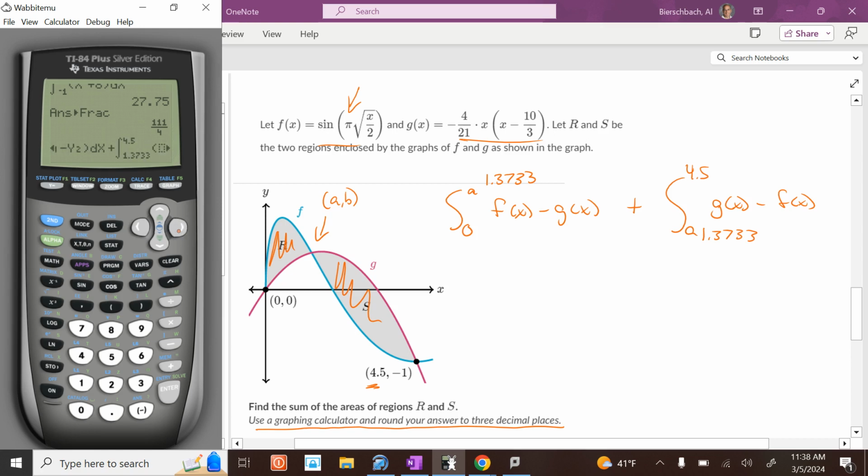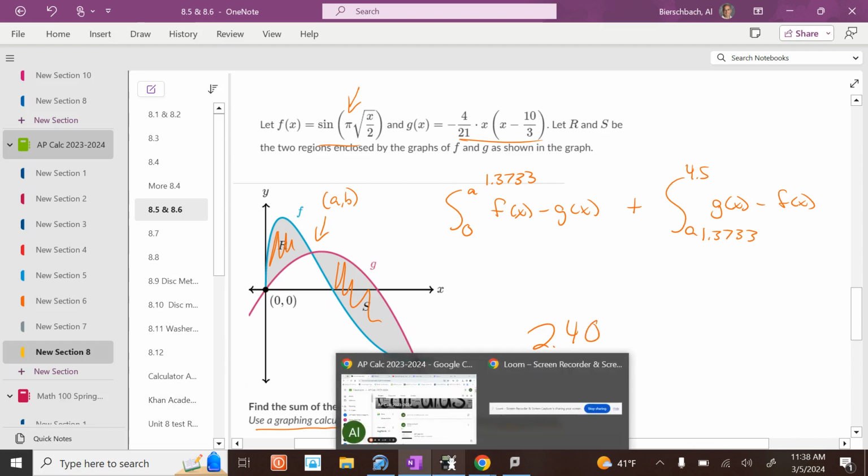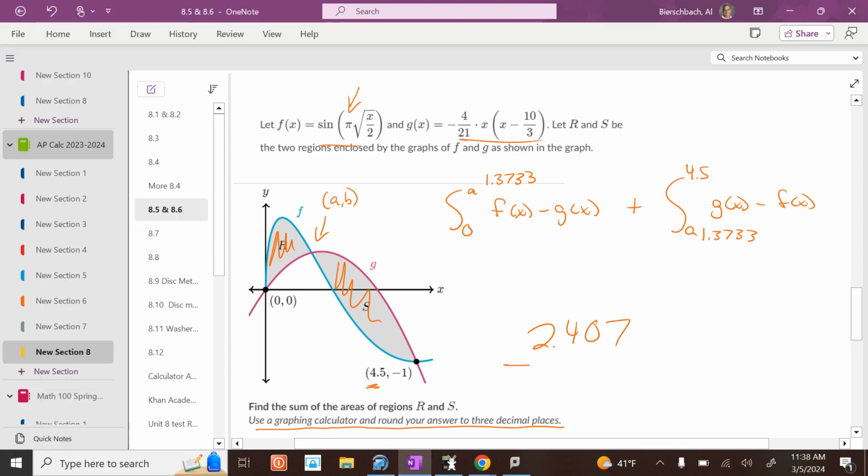And now this time, it's my second equation, so I'll go vars, y2, minus vars, y vars, y1, dx. Boom. It'll take a little while. It's thinking. 2.407 is the area. Okay?